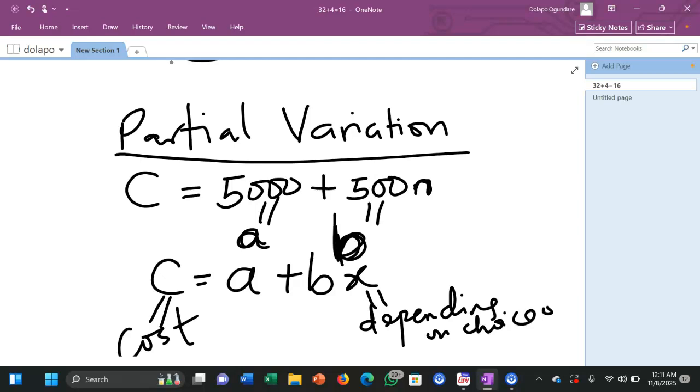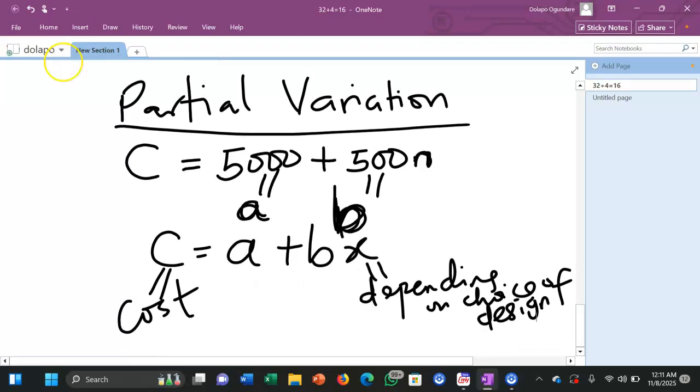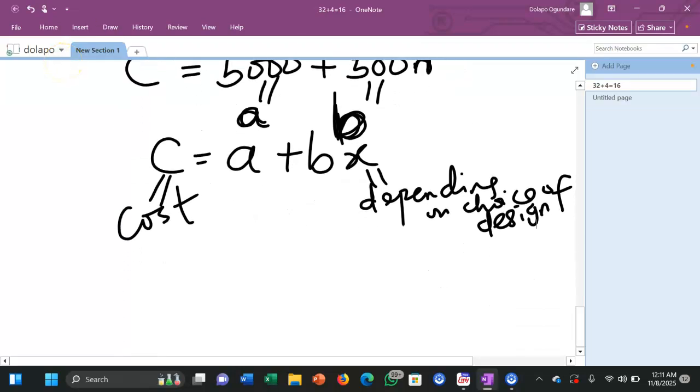Am I making sense? If the design is sophisticated, the money will increase. If the design is not sophisticated, the money will look the same. So basically, a partial variation question always follows this format.